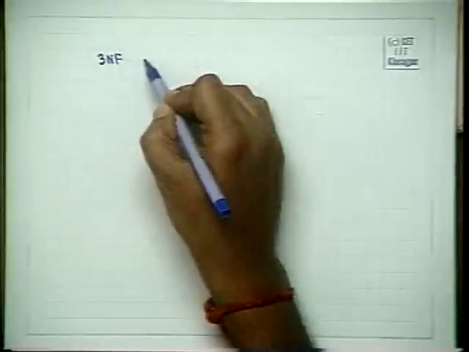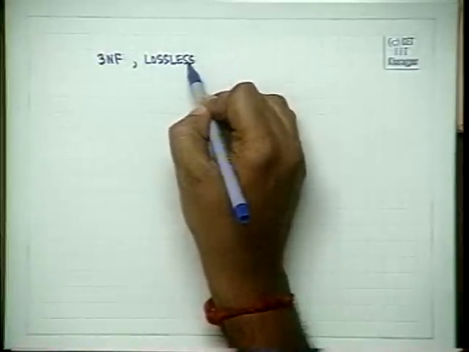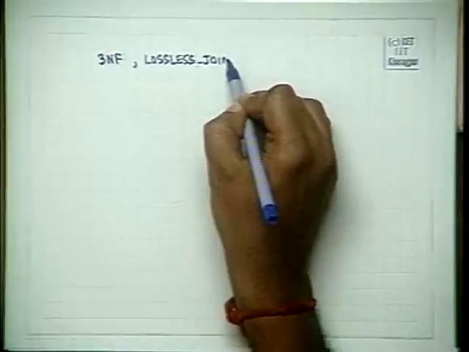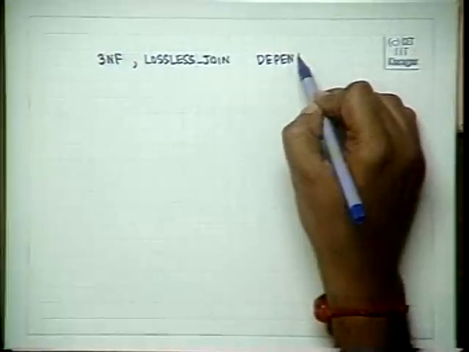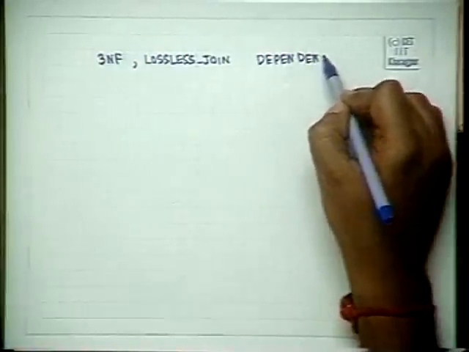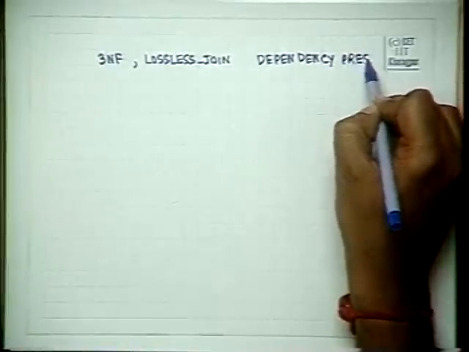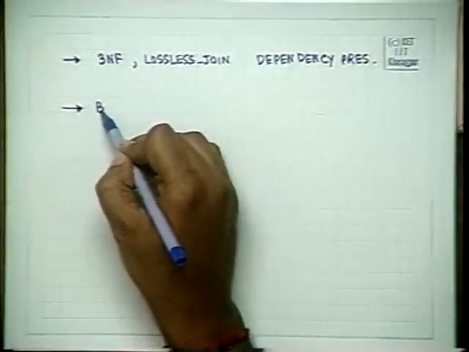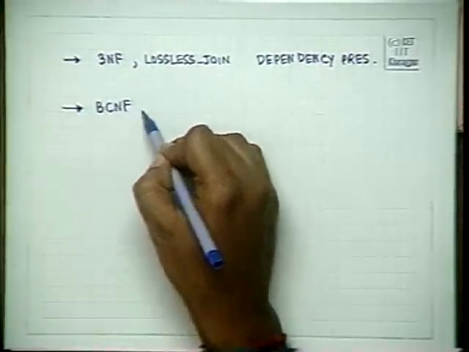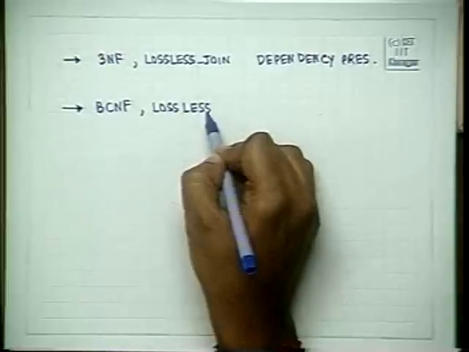3NF, lossless join, dependency preserving, or you can have BCNF lossless join.